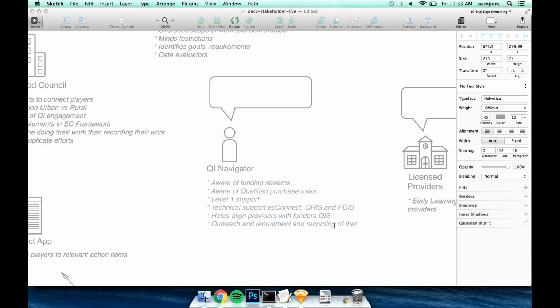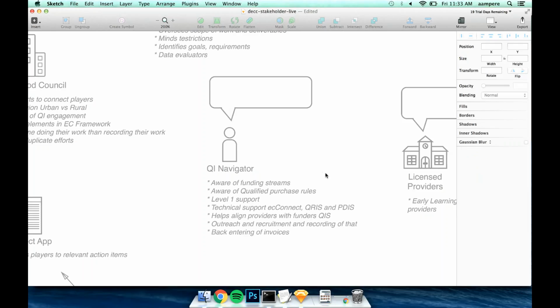orders have been placed and that they have been delivered. Question about that. Are they just back entering because they accidentally didn't order through EC Connect, or are they not ordering through EC Connect because for some reason that's not the preferred method?